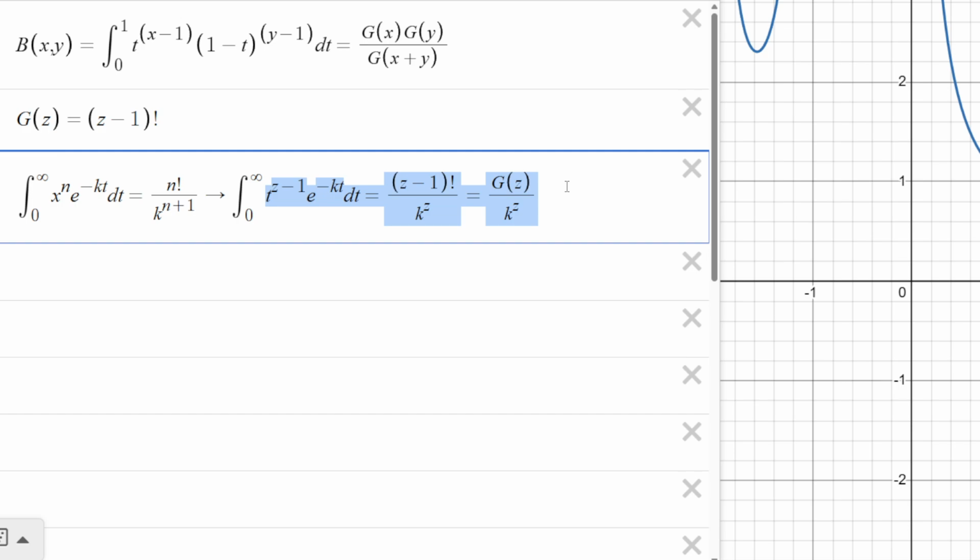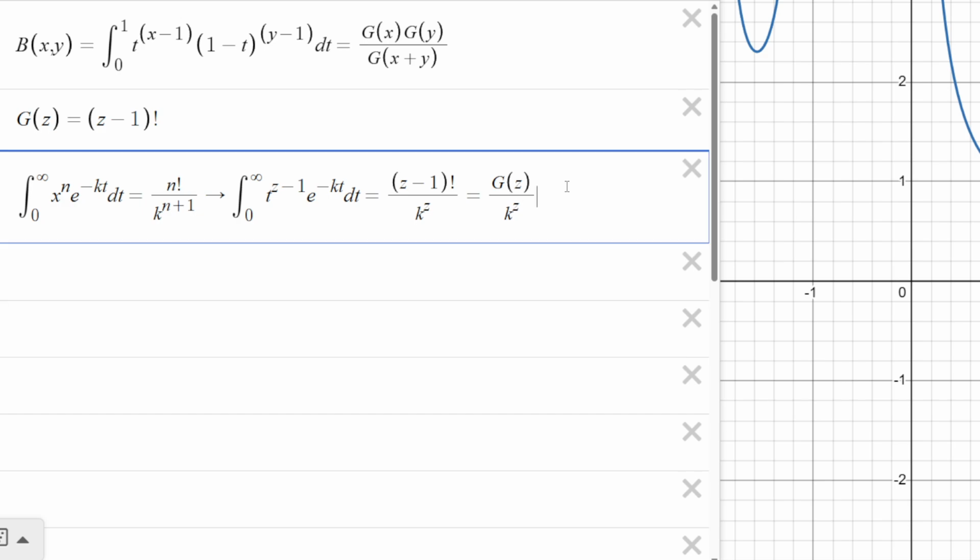If we let our n equal z minus 1, we just get this relationship. And the relationship we're really after is this. This is kind of an extension of the gamma function definition. Normally, there would not be a k here, and we would just end up with this thing equaling gamma of z, where that k is equal to 1. But the extended version of that is this. And we are interested in this being equal to this.